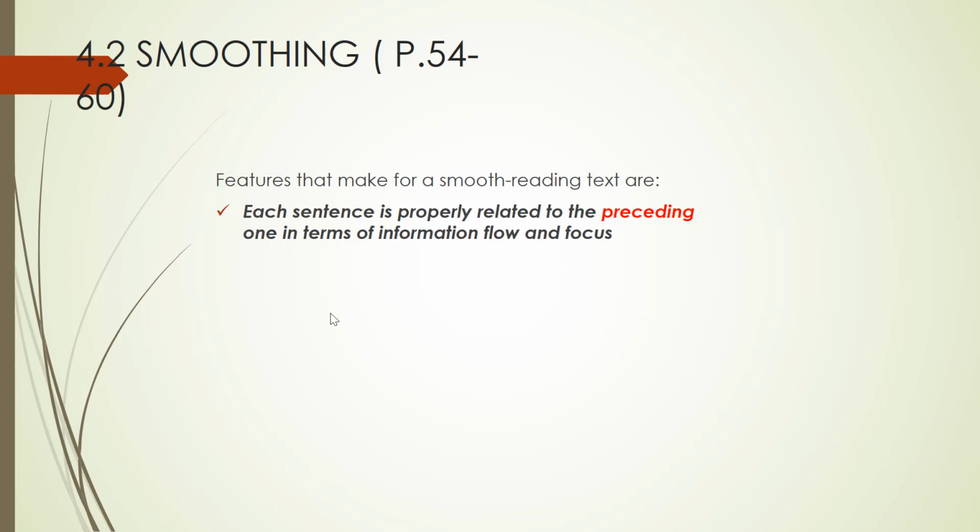It is a very basic and fundamental rule in English paragraph writing. You must make sure that each sentence is connected to each other. The preceding one is followed and connected to the next one in terms of flow and focus.